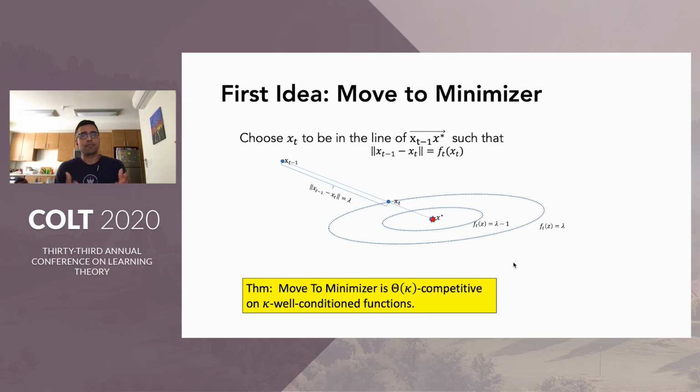By looking at this picture, we can try and understand why. In particular, the algorithm moves a lot in the direction towards x star, even though the function value is decreasing at a very slow rate. So it's natural to try and come up with an algorithm that doesn't do this.